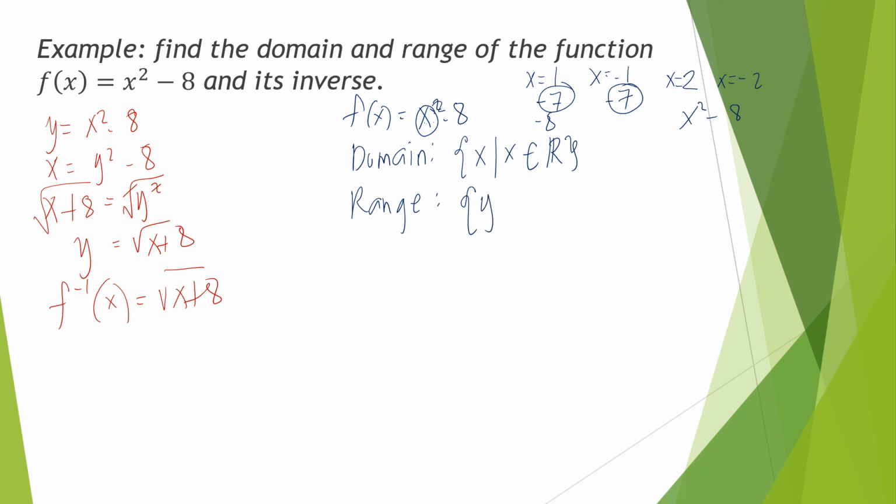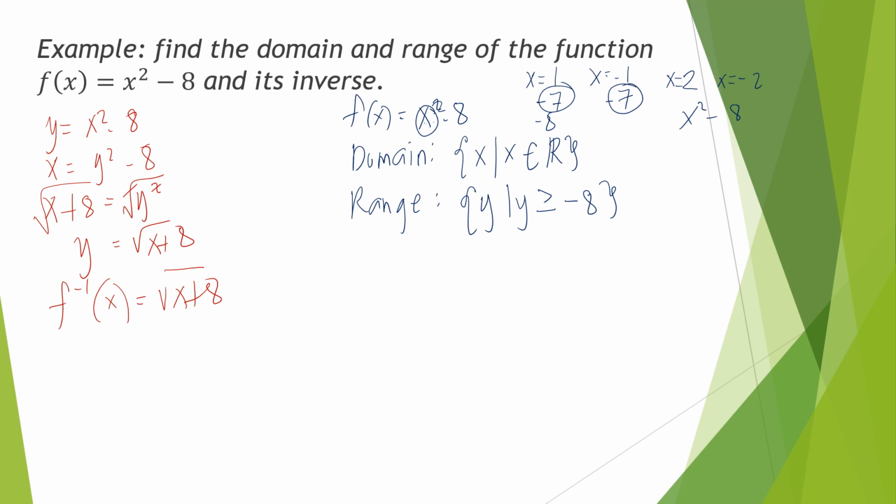That is set of y such that y is an element of real numbers, greater than or equal to negative 8. Kasi kung 0, negative 8. Kung 1 naman, negative 7. Kung 2 naman, negative 4. So, papataas siya. Negative 8, ang range natin ay mas mataas or equal kay negative 8.